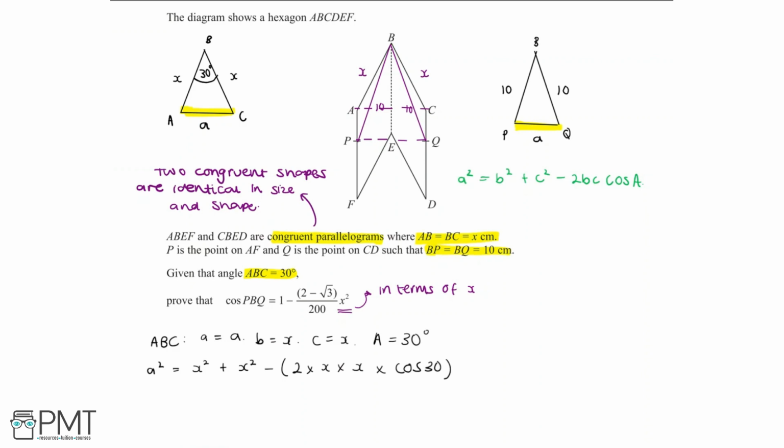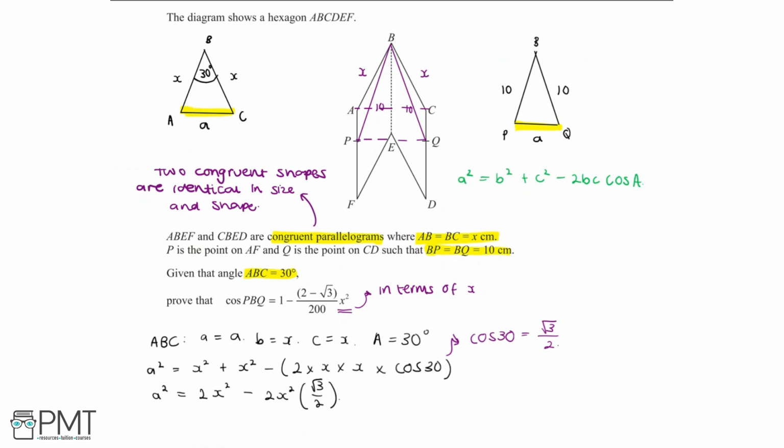And now we know from our trigonometric identities that cos 30 equals root 3 over 2. So now let's simplify this. We say that a squared equals 2x squared minus 2x squared multiplied by root 3 over 2.